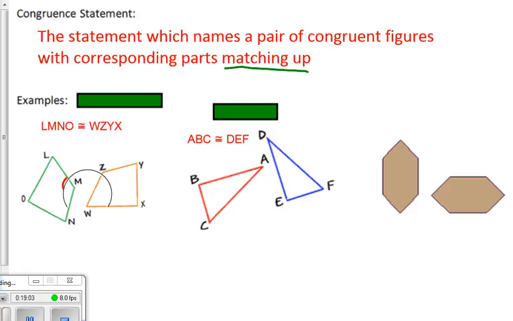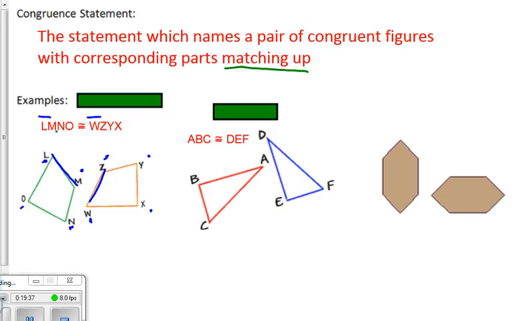Even though alphabetically you would think we'd have to say WXYZ, W, X, Y, and Z don't match up with L, M, N, and O. Again, we said L matches with W, M matches with Z, N matches with Y, and O matches with X. Now if we look at our segments, L to M is the same as W to Z. So this one is the same as that one.